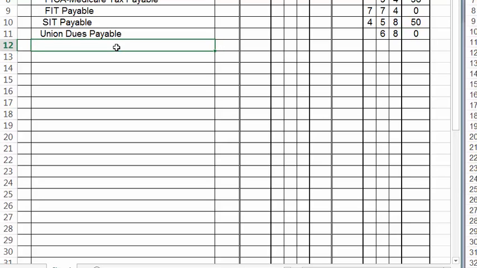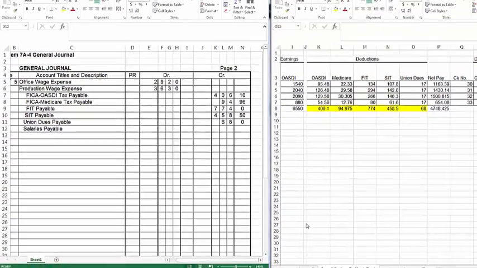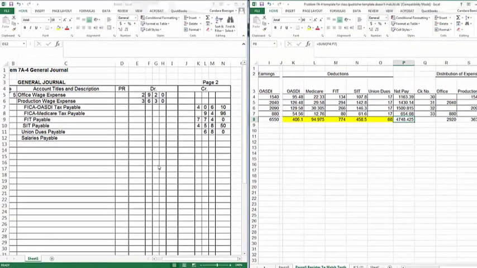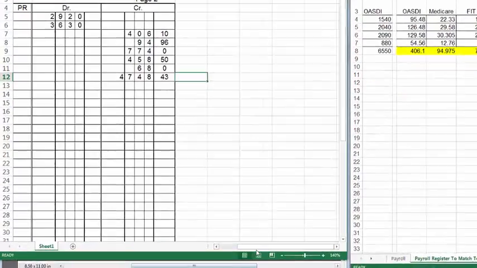If I were to add this up, add up my debits and credits, they don't match at all. So my salaries payable is going to match my net check. This is how much I am going to write out of my checking account at some point for my employees' paychecks.